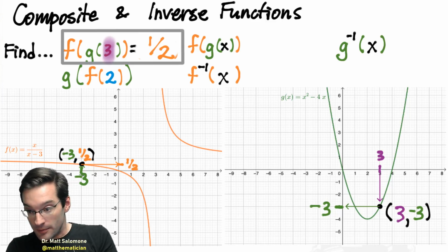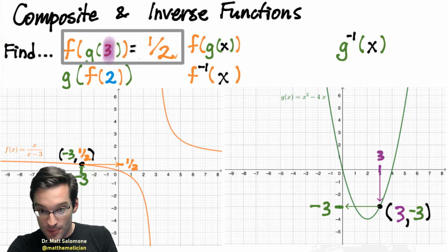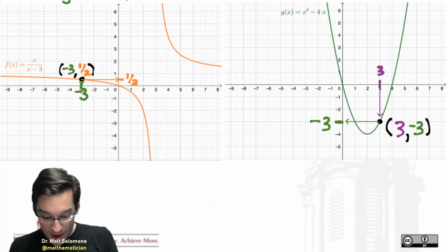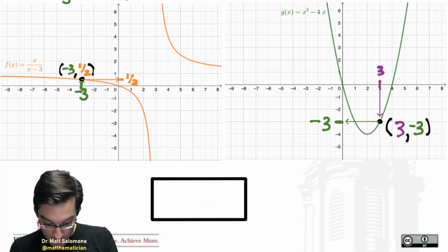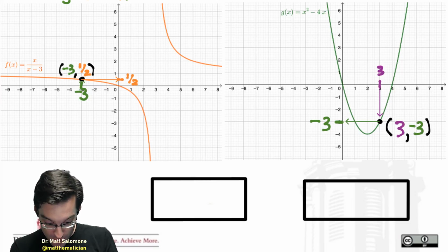So what we've done, in the moral of this story, is that if we think about functions as being like input-output machines, as I very often like to do, then both f and g are machines in and of themselves. So if I give these two machines names, here's my f machine, here's my g machine. Actually, let me reverse those so we can read this from right to left.